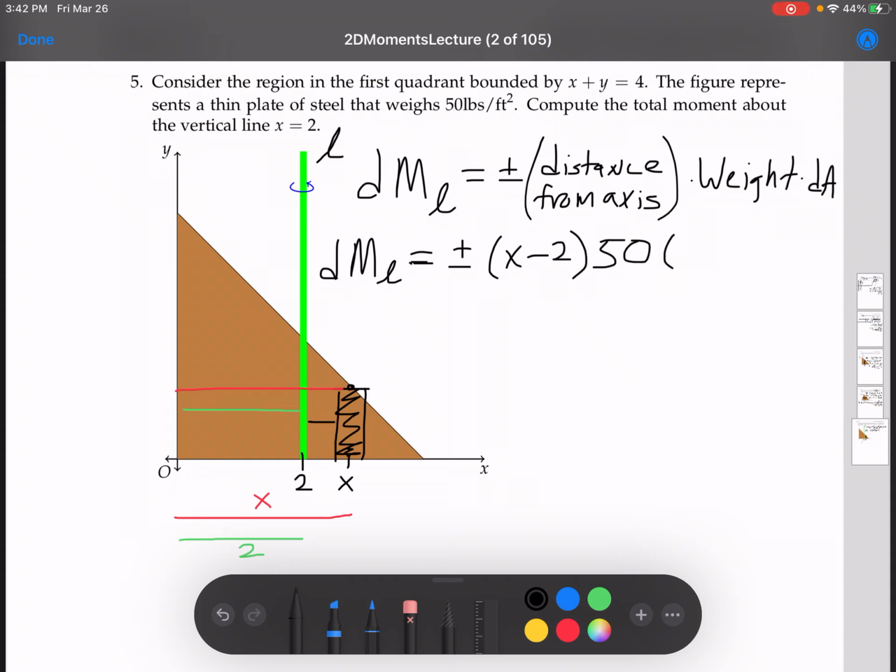And just like with the other examples, for a vertical line, this is going to be in terms of x. So we have dx, our width of our rectangle, one of the dimensions in our dA. And now the height, remember this is the line x plus y equals 4, so y equals 4 minus x.